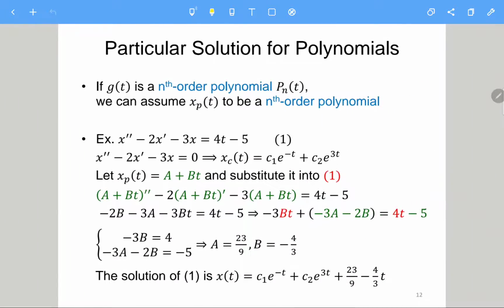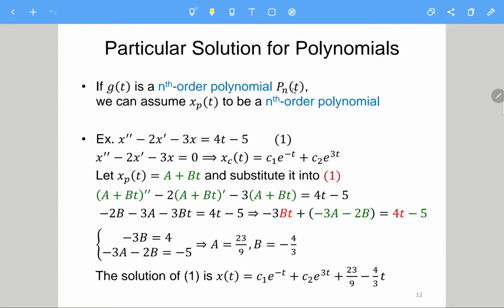Okay, so let's talk about the first type. The first type, the particular solution for the polynomial is like this. If g of t is an nth order polynomial, we denote it as p sub n of t.